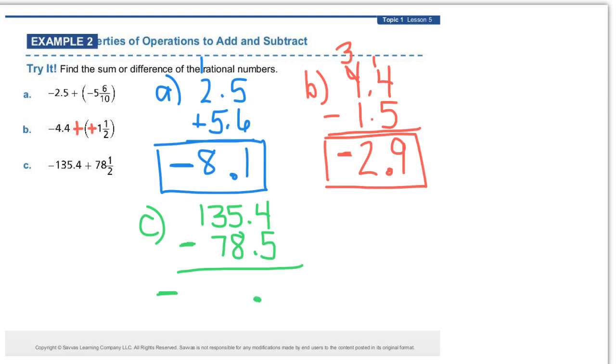All right, let's subtract. We're going to borrow. 14 minus 5 is 9. Borrow. 14 minus 8 is 6. Borrow. 12 minus 7 is 5, and my answer was negative because I had more negatives in my problem. Give yourself stars for everything that you got right, and let's move on.